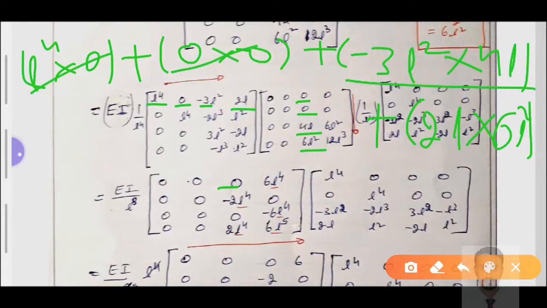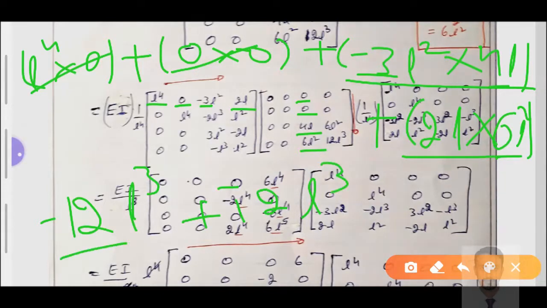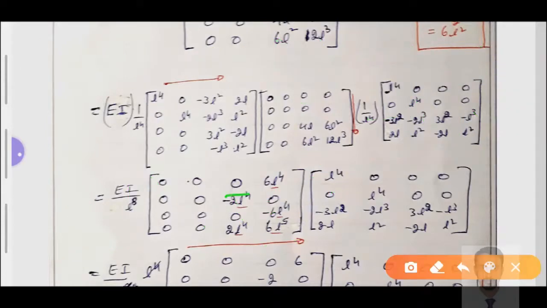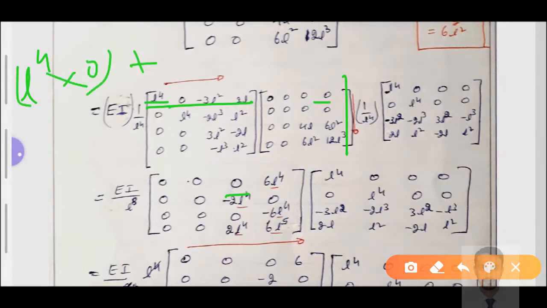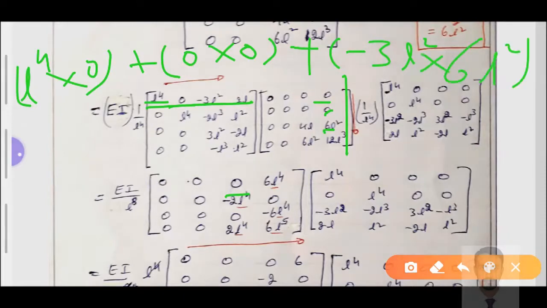This one is equal to minus 12L cube minus 3L square into 4L cube plus 2L into 6L square, 12L cube plus 12L cube minus 12L cube is equal to 0. We got this value 0. Similarly, first row fourth column, we have L power 4 into 0 plus 0 into 0 plus minus 3L square into 6L square plus 2L into 12L cube.